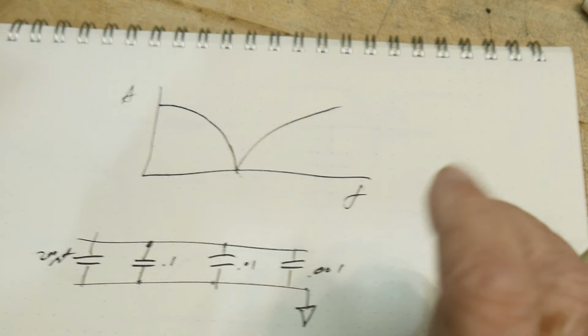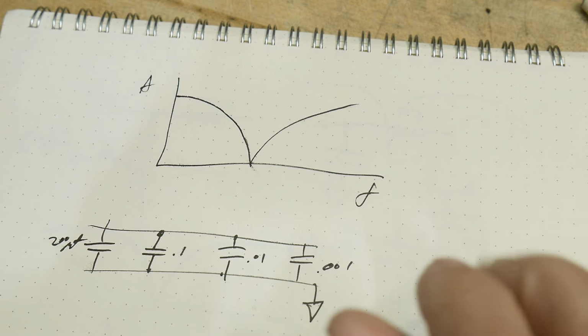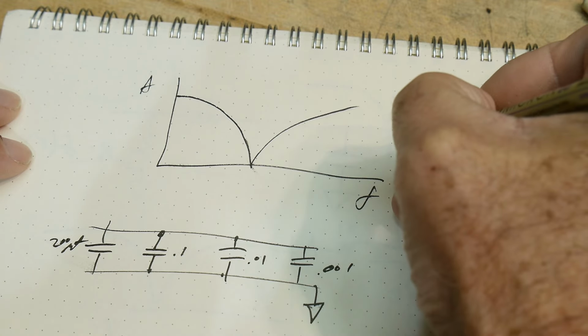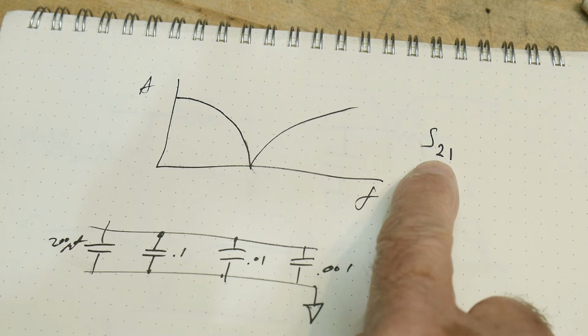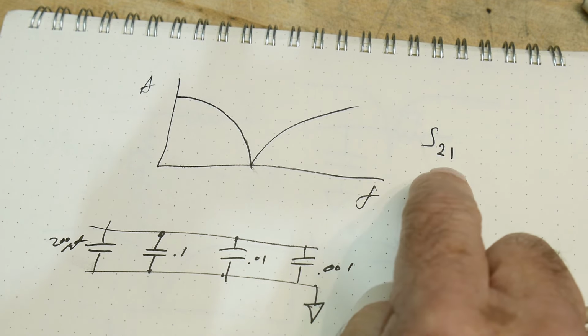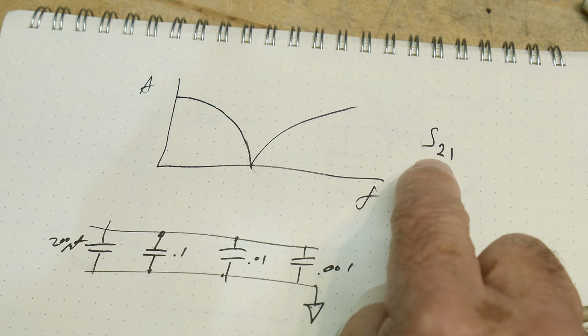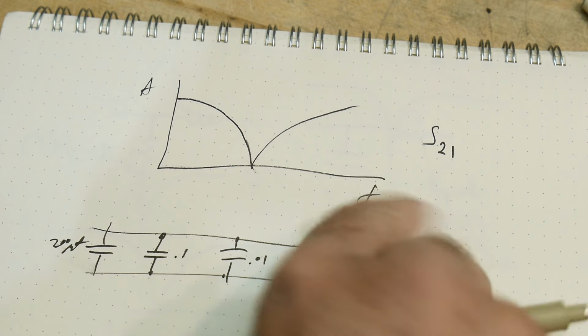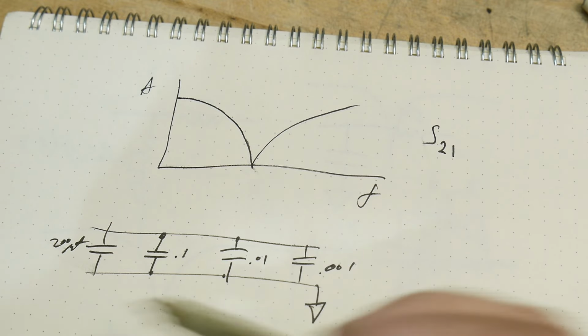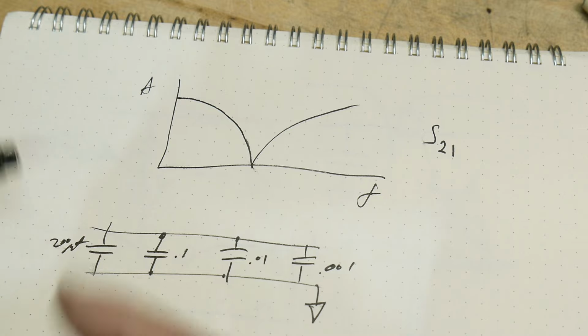And one is a vector network analyzer, S21. Okay, that's a scattering parameter of output of port 2, input of port 1. Anyway, it's the through transmission of a system. All right, so let's go ahead and do that.